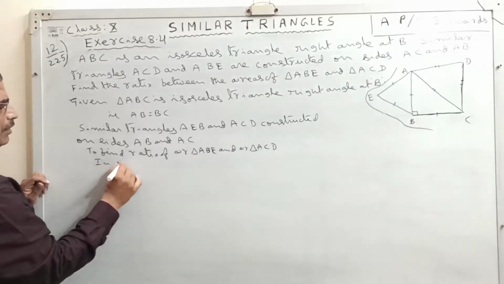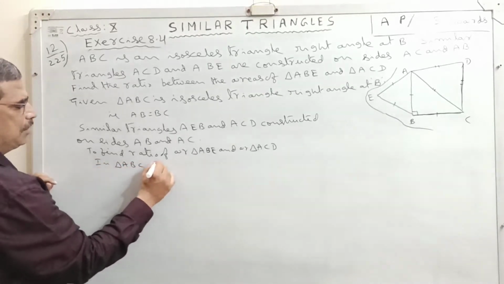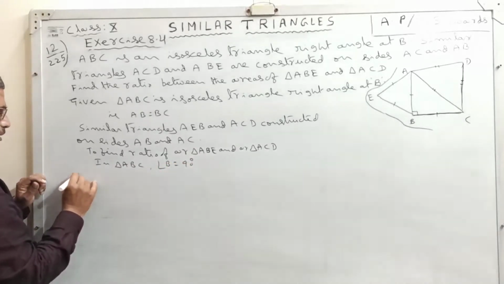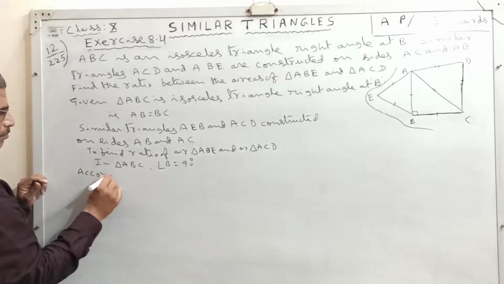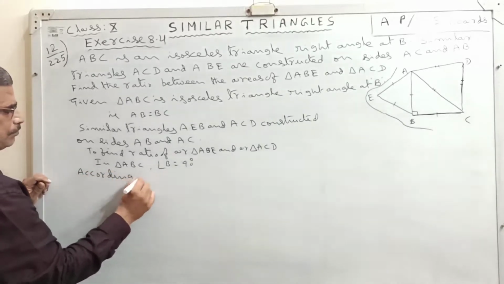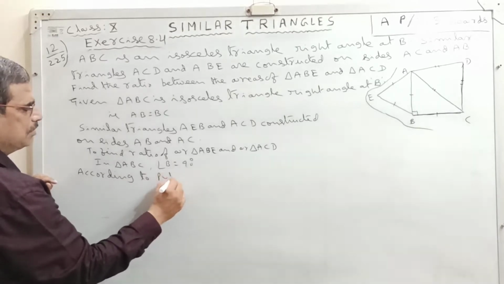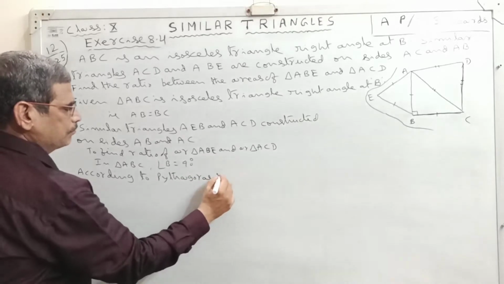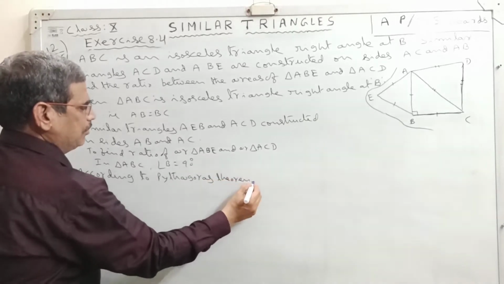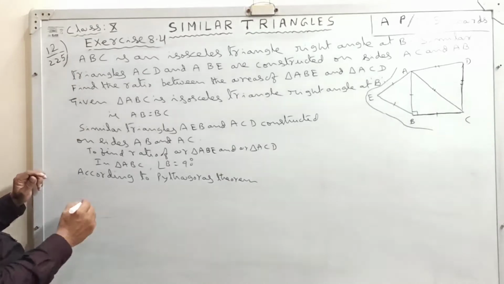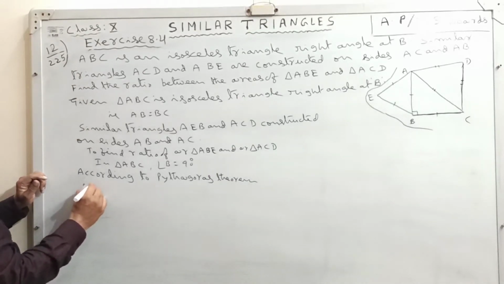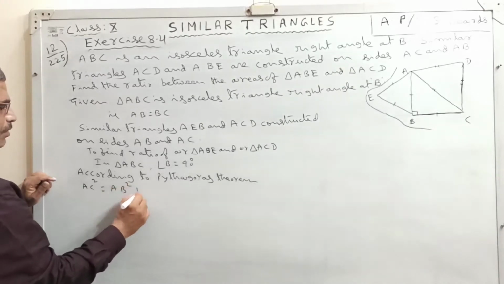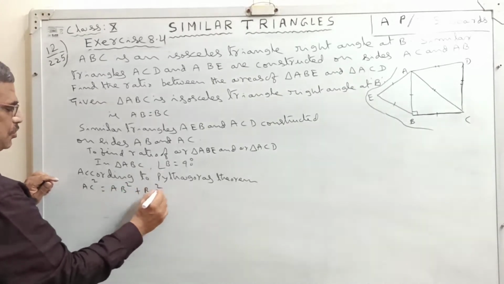In triangle ABC, angle B is equal to 90 degrees. According to Pythagoras theorem, AC square is equal to AB square plus BC square.